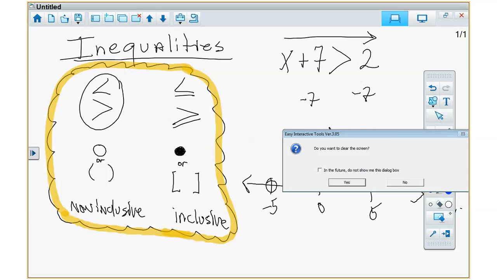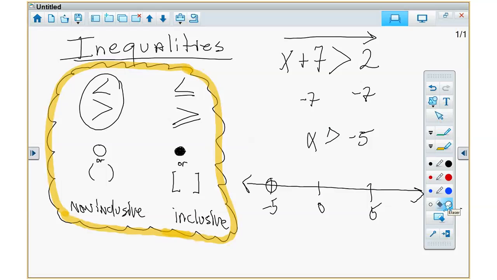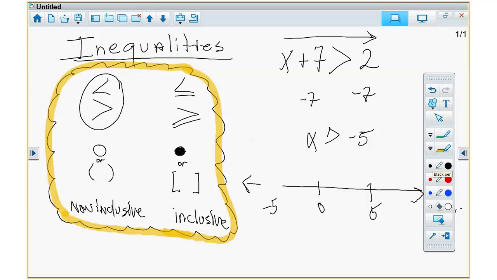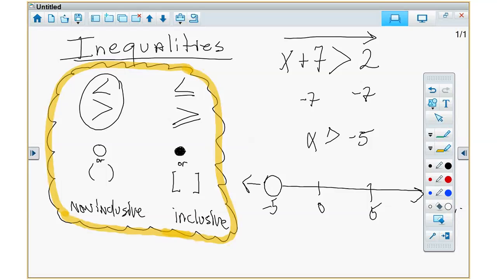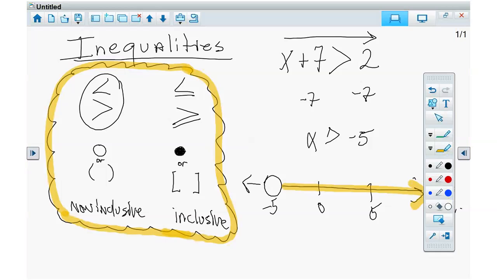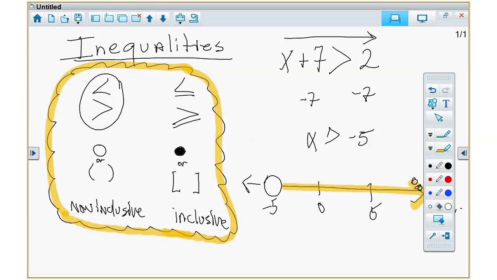That means that I cannot use -5. I can use every number, what? Greater than -5. Now this arrowhead over here is called positive what? Positive infinity. This arrowhead is called negative infinity.